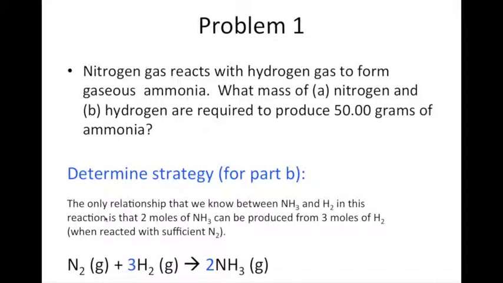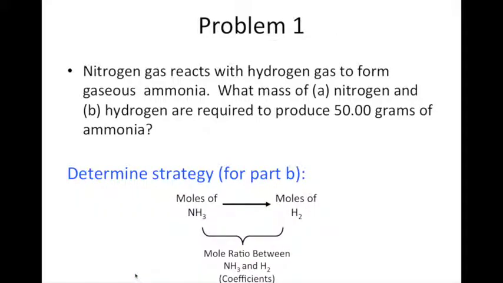Let's look at part B. Again, we want to use a very similar strategy. I'm going to look at the ratio of coefficients. 2 moles of ammonia require 3 moles of hydrogen. So I'm going to use the ratio of the coefficients from the balanced chemical equation. That's going to convert from moles of ammonia to moles of hydrogen.